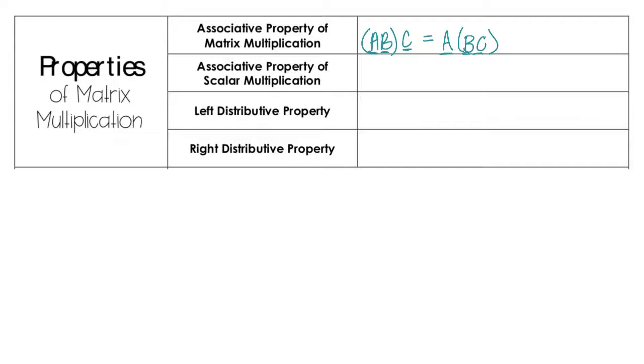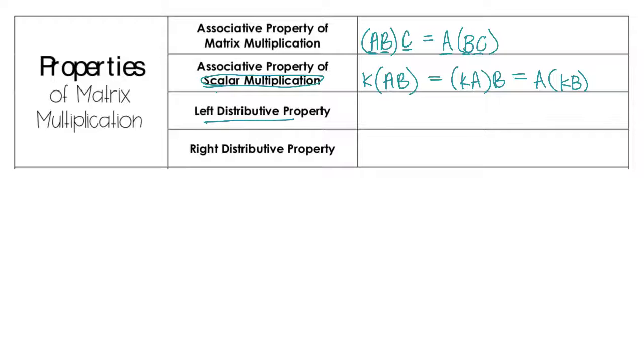That is very important for us. Now, with scalar multiplication, that is just a number. So if I had K times AB, well, that's the same thing as K times A times B, or A times K times B. That's going to be okay because scalar multiplication is just a number.